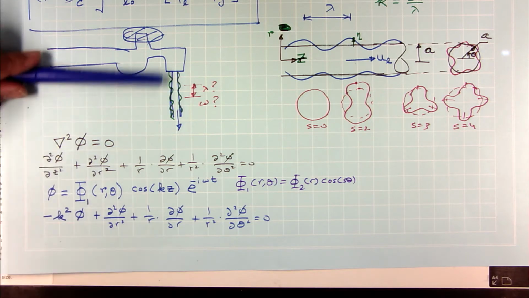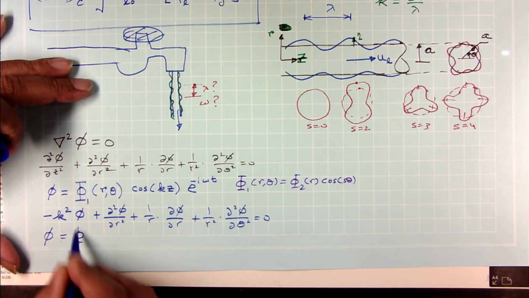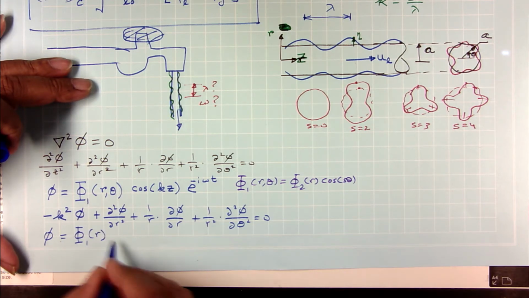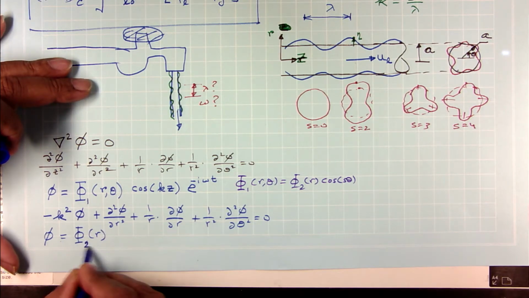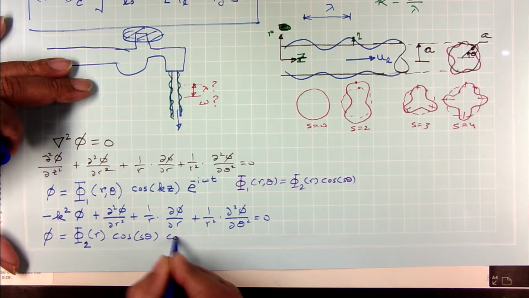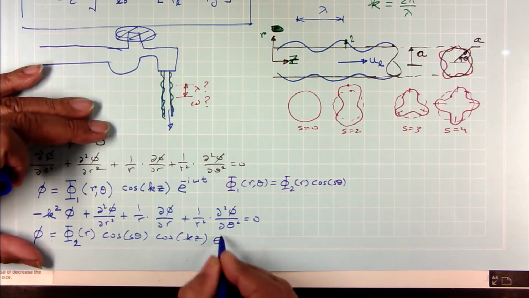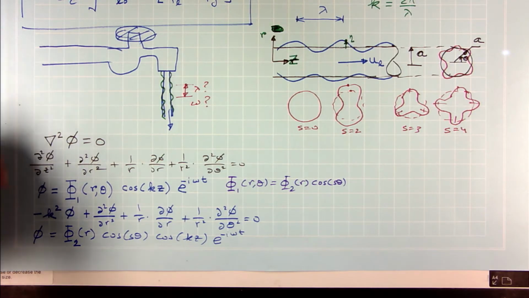So, in that case my potential function will take the form phi 2 of r times cos of s theta times cos of k z and then e to the power of minus i omega t. You all with me on this?